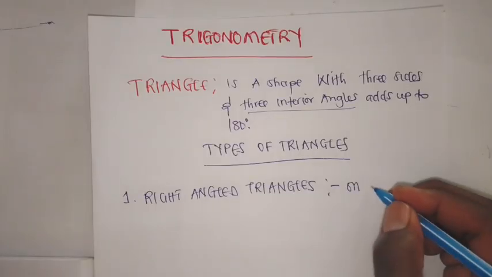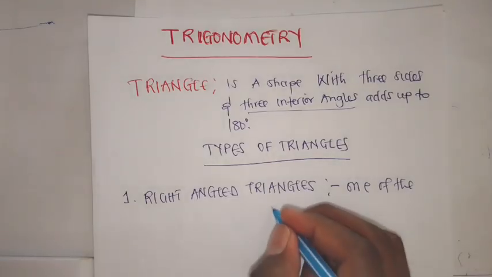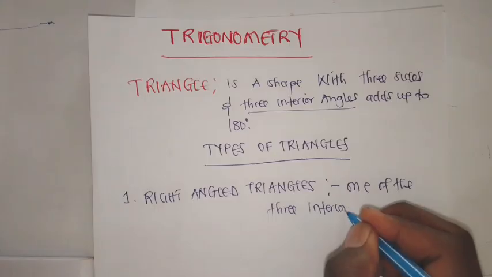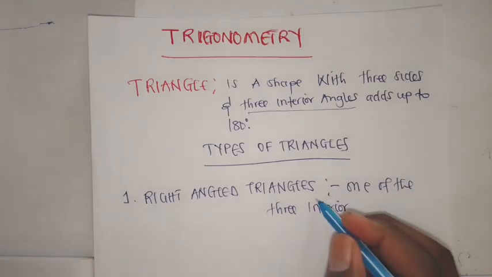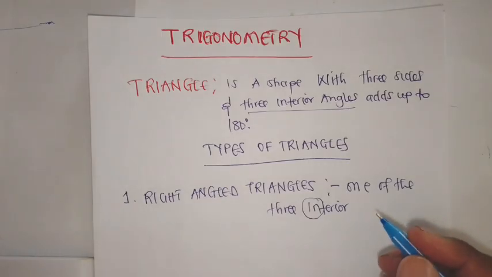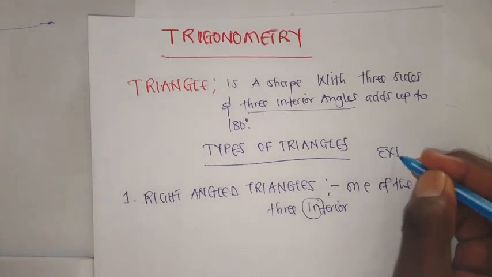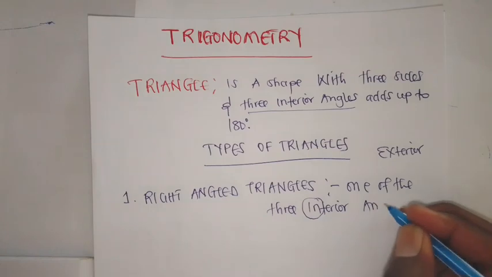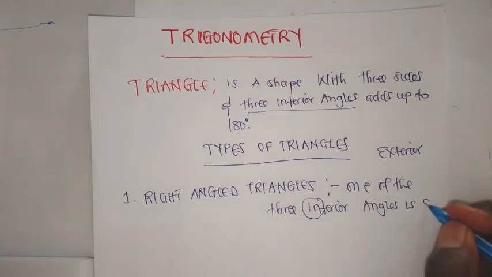When we say interior, we mean the angles inside. In is inside. The angles outside, we call them exterior angles. One of the interior angles is 90 degrees.